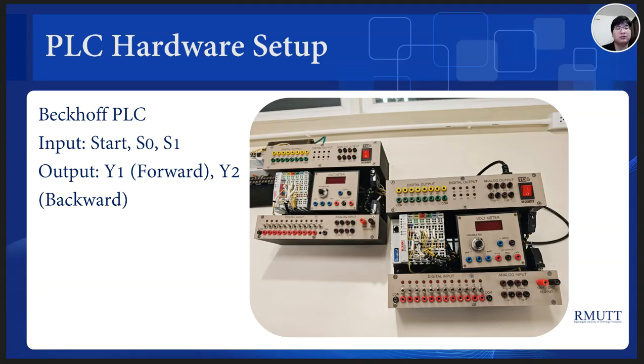This slide shows the PLC hardware setup. I use a Siemens PLC. Inputs include the start button, S0 and S1. Outputs include Y1 for forward motion and Y2 for backward motion.